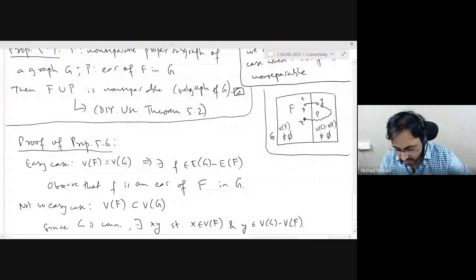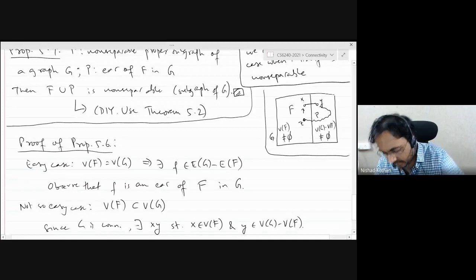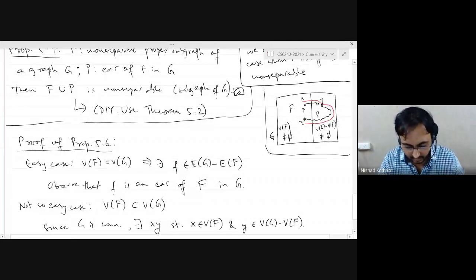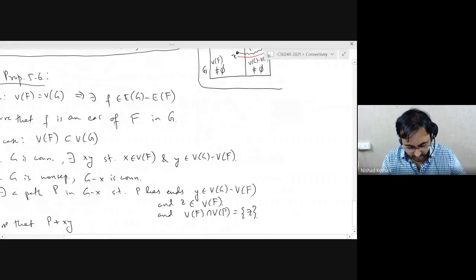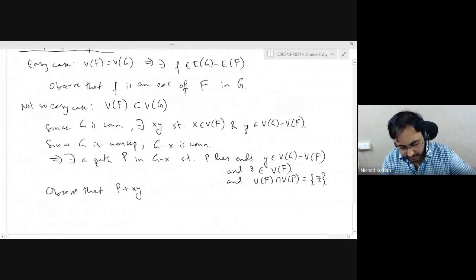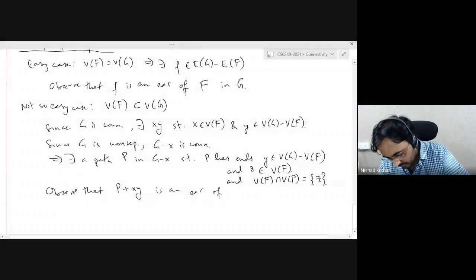We're going to take the path along with the edge xy, and that is going to be our ear. Observe that P plus xy is an ear of F in the graph G, and that is our proof.